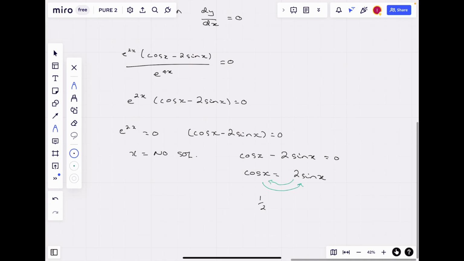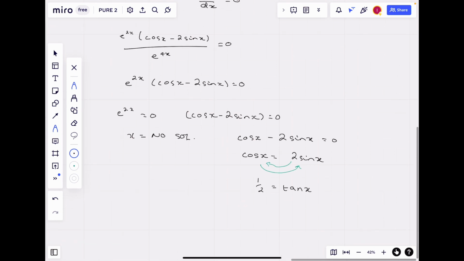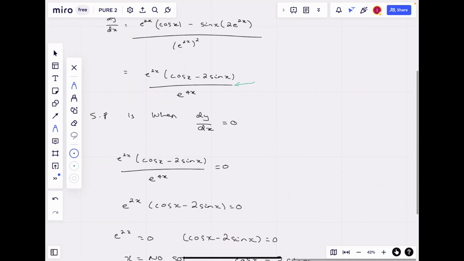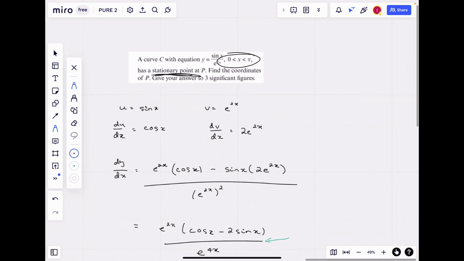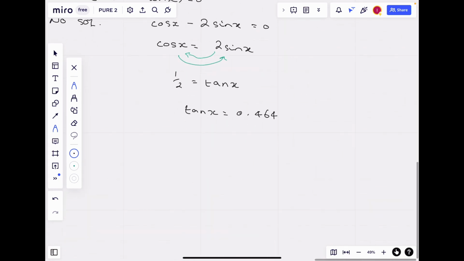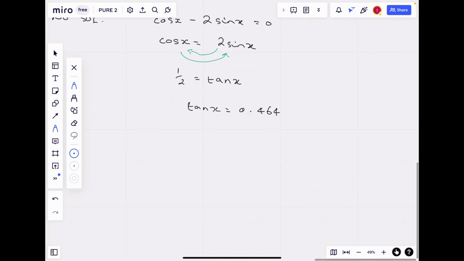So a half equals tan x, which means tan x is equal to 0.464. That's to 3 significant figures, because my interval for x is from 0 to pi, so I'm working with radians. Okay, we've got x there.